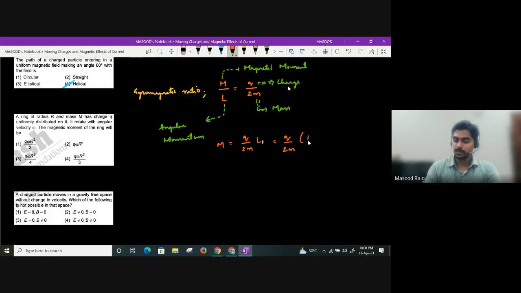It is given as moment of inertia into angular speed. So we can write Q by 2m. What is the moment of inertia for a ring? It is mr square into omega. So we can cancel out m and m. What will the answer be? It will be qr square omega divided by 2. This is our magnetic dipole moment. Clear, all of you?